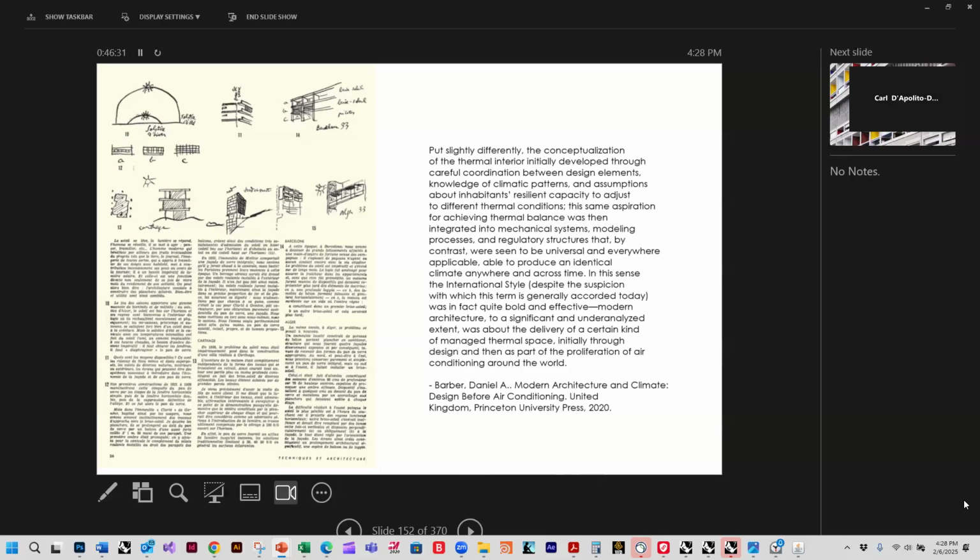So there's a degree to which, and Corbusier has all these drawings of the sun, people were also very admiring of Richard Neutra, who took modernism, took the Brise Soleil, and made all these adapted climatic versions of that.